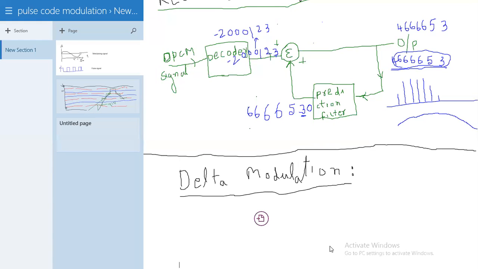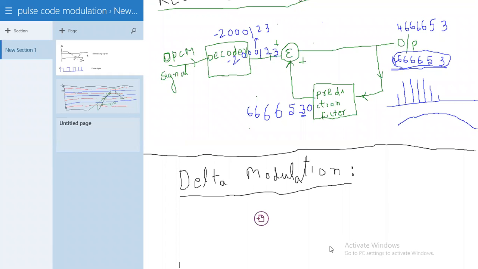When compared with DPCM, a little bit we can reduce the number of bits per symbol, and redundancy is reduced. That means repeatedness of the symbols is also reduced. Due to that, the signaling rate is a little bit reduced and bandwidth also reduced.